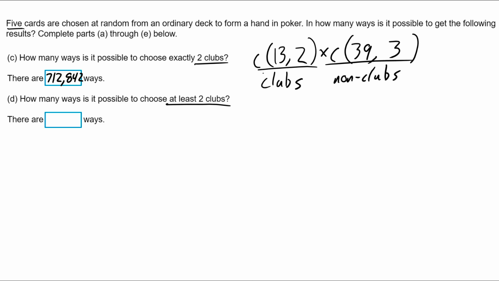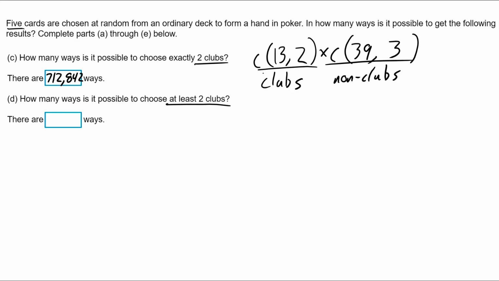At least 2 clubs, at least 2, we want to think about what that means. This is going to be really important in Unit 4 as well when we get to binomial probabilities. We're going to have a lot of at least, at most, and we're going to need to think through what that means. So we have a 5-card hand.